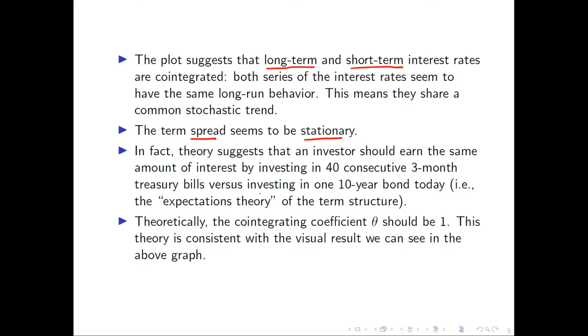And I have to say, one of the theories in fixed income markets is the expectations theory. And the expectations theory says that the 10-year bond interest rate should be equal to the expected 3-month interest rates on treasury bills just rolled over.